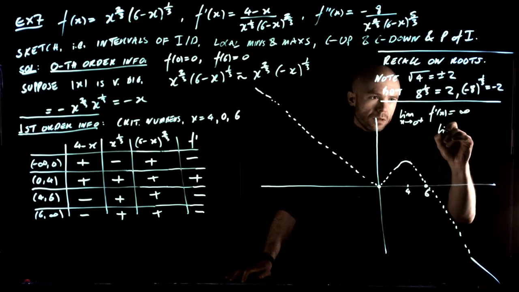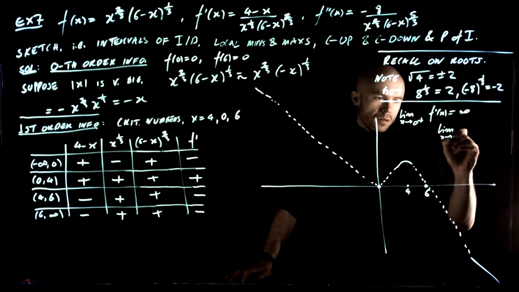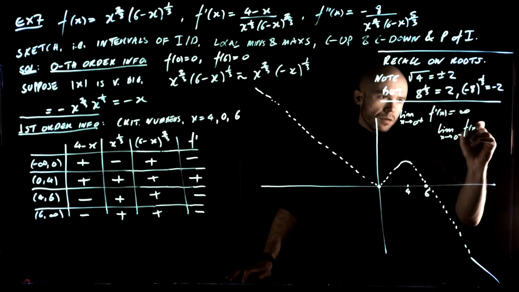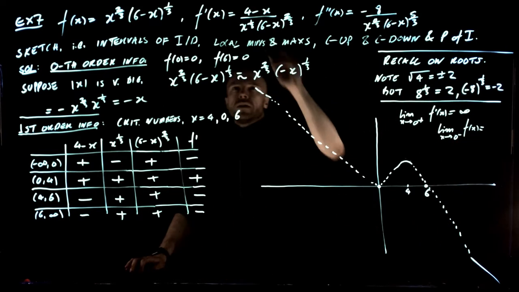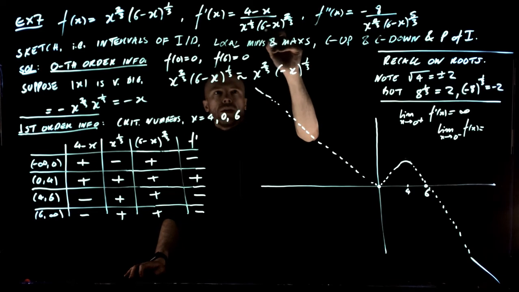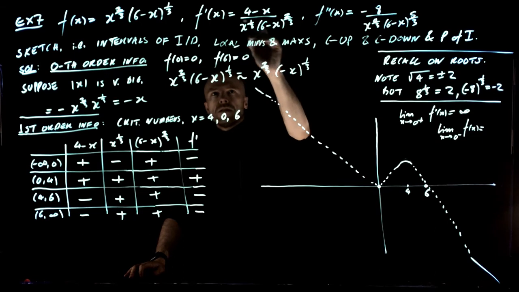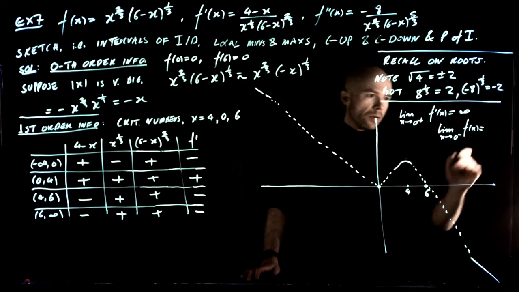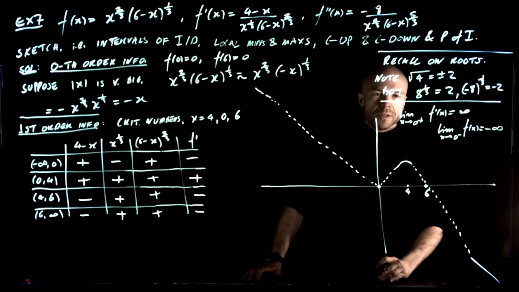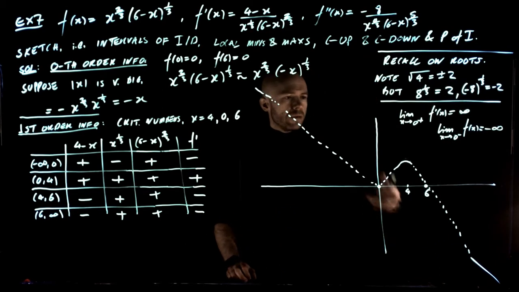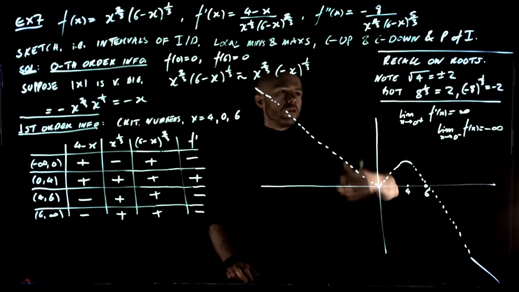And if we look from the other side, then again on the top it's like 4, on the bottom it's like 6 to the 2 over 3, but now this is a very small negative number. So this entire expression will be like 4 over a very small negative number, so it's going to be blowing down to negative infinity. Does that conform with what we expect?